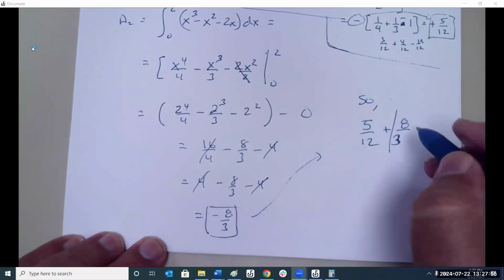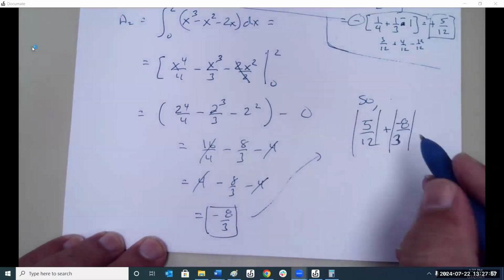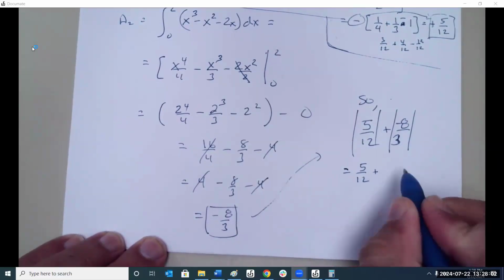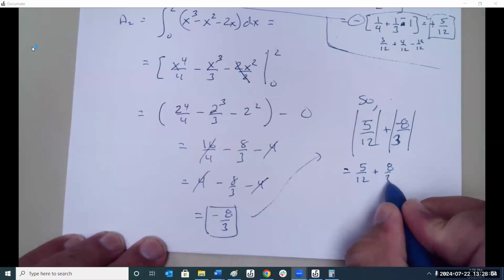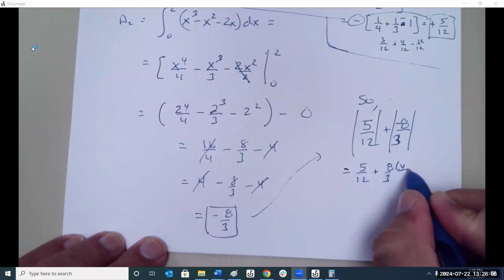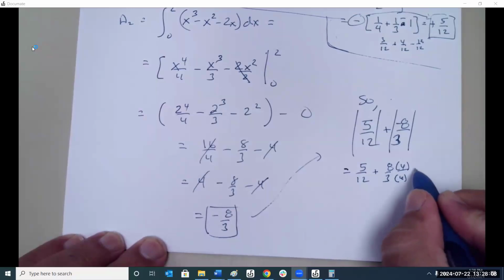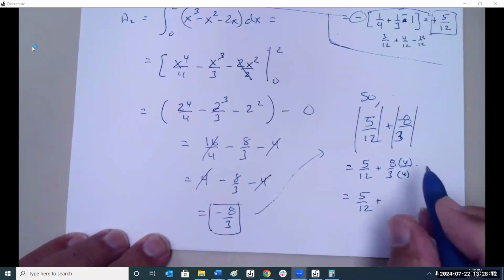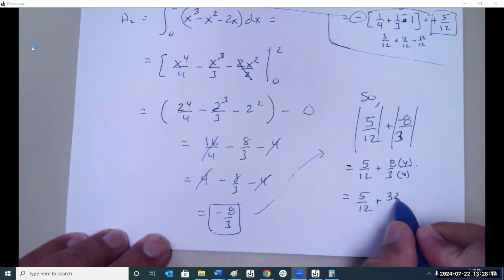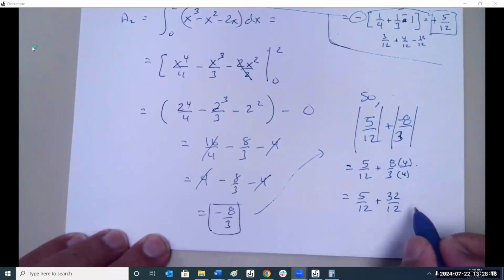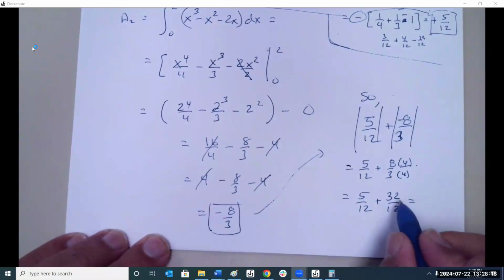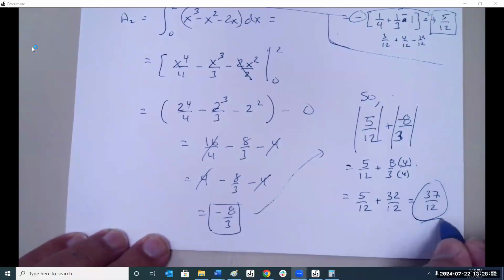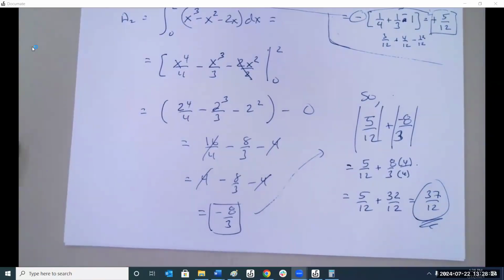We take the absolute values of them. We multiply 4/4 to get a common denominator. So it's 37/12. That's the area.